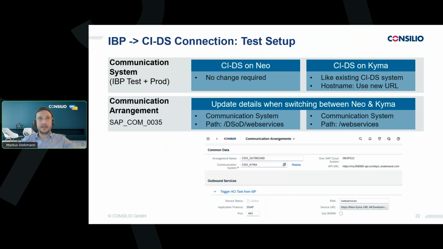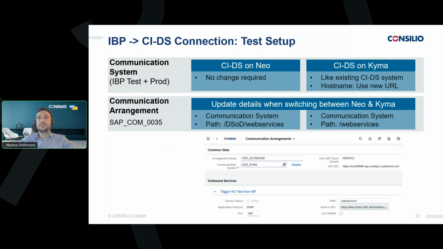In addition to rerouting the agent, there are some requirements on the IBP side. We have to enable that the IBP can connect to the Kyma environment, and therefore we have to adjust the communication system and the communication arrangement. For the communication system, we already have the communication system for the CIDS on Neo.